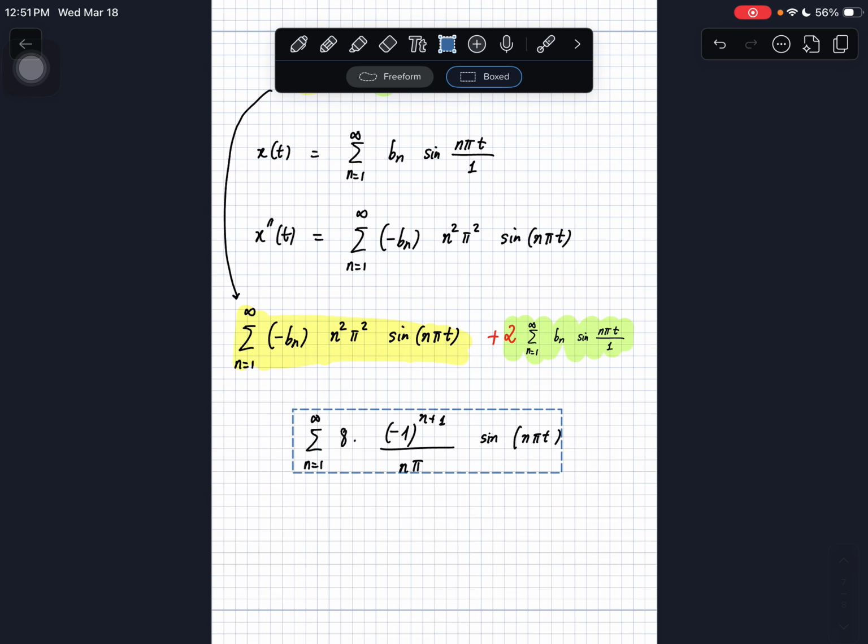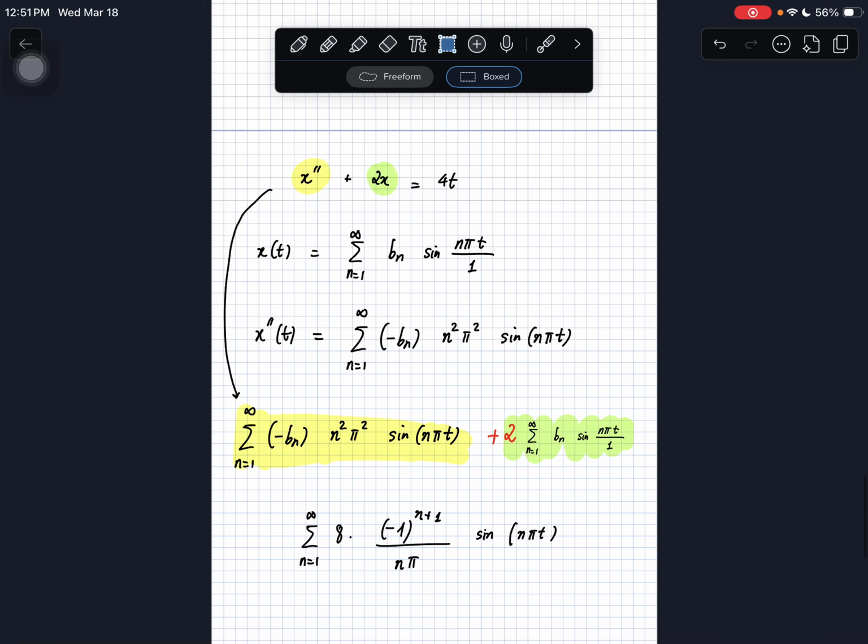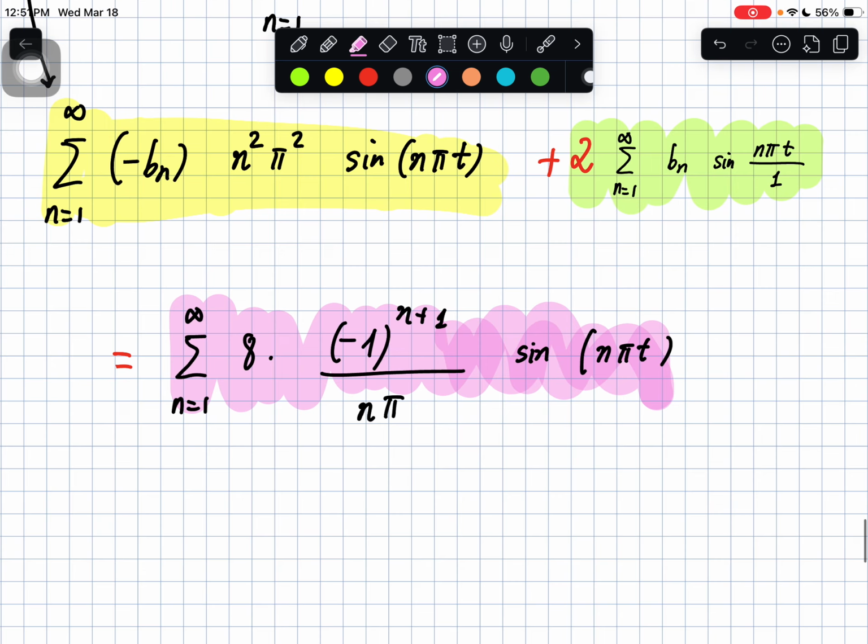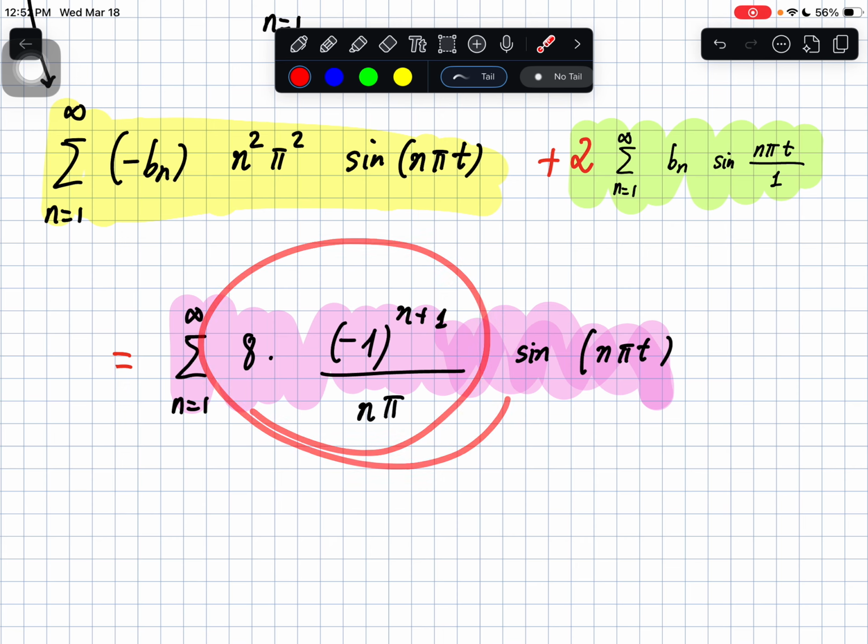Equal to this, so that is the right hand side, 4t. Now we group all terms with sine n pi t and let the coefficient on the left equal the coefficient on the right.